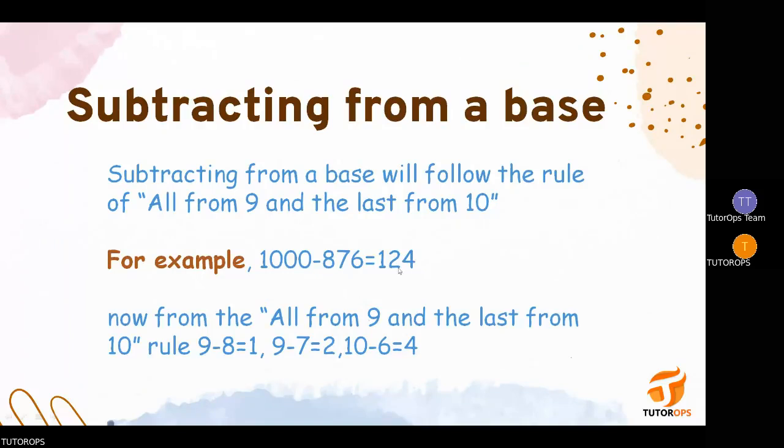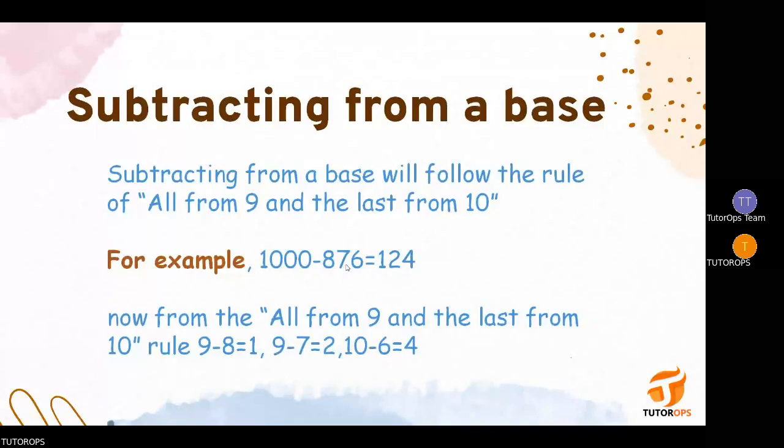So let me introduce again that we need to subtract every digit except the ones place digit from 9, and the ones place digit will be subtracted from 10. So what is the first digit here? 8. So 8 subtracted from 9 will give us 1. Then 7. 7 subtracted from 9 will give us 2.